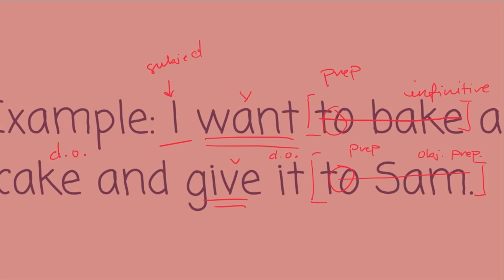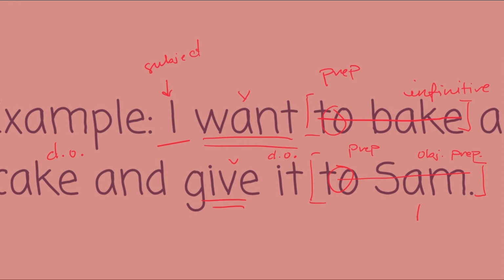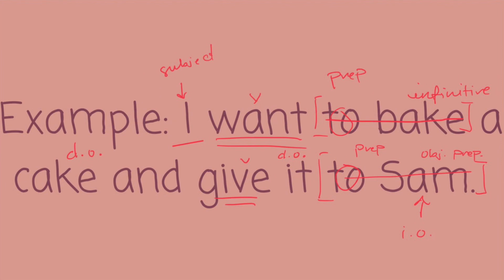And it will be given to Sam, so it is also a direct object. Well, we also have an indirect object. I mentioned we might come back to Sam. Not only is Sam the object of that preposition to, but Sam is our indirect object because he receives the cake that was being given by me in the sentence.